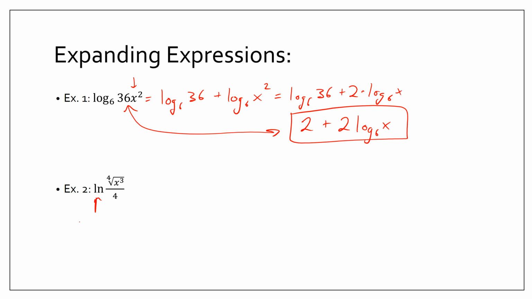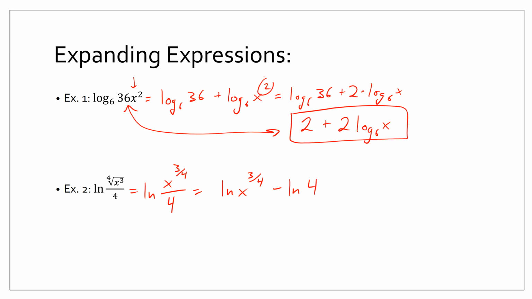Now, don't get freaked out by the ln. We know that this is just log base e, so it really is a logarithm. It'll obey the same laws. I didn't learn any laws about roots, but I do know that this root is the same as the fractional exponent 3 over 4. Now, since I have dividing inside the logarithm, we know that we can split it up by subtracting two separate logarithms, right?